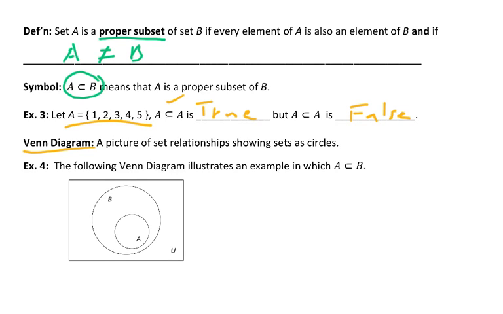So in this Venn diagram, notice that the set A is completely contained within the set B. Every element of A is also an element of B, but A and B are not equal. That illustrates the idea of proper subset. A is a proper subset of B. We'll use Venn diagrams some more to look at set relations, but this is showing that A is a proper subset of B.